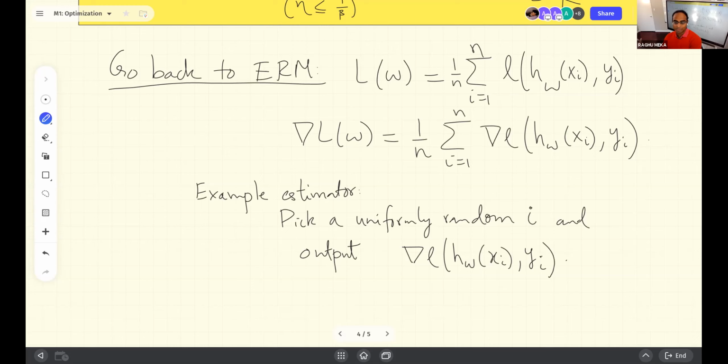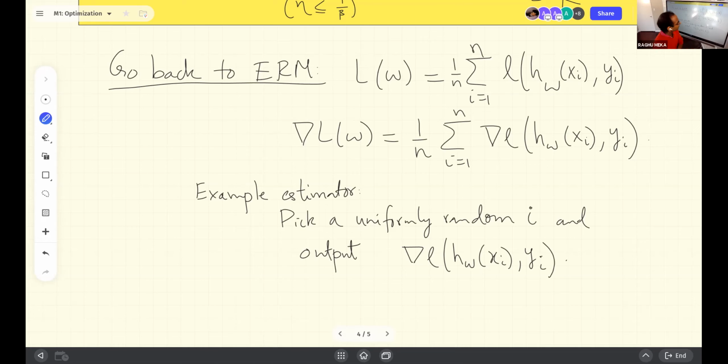Once you have this kind of gradient estimator and stochastic gradient descent, you can also define Nesterov's accelerated stochastic gradient descent, for what it's worth. You just replace the gradient in Nesterov's algorithm with the estimator for the gradient.